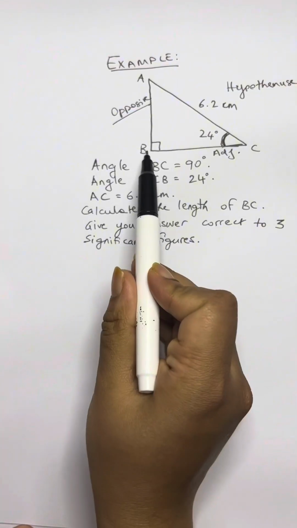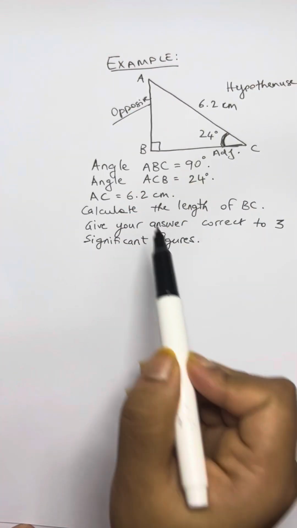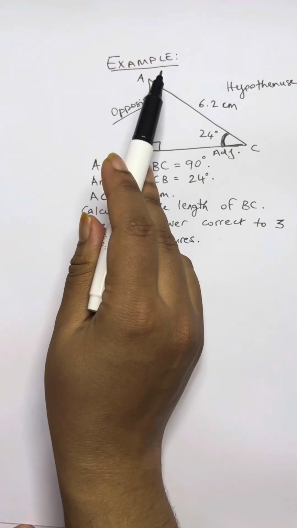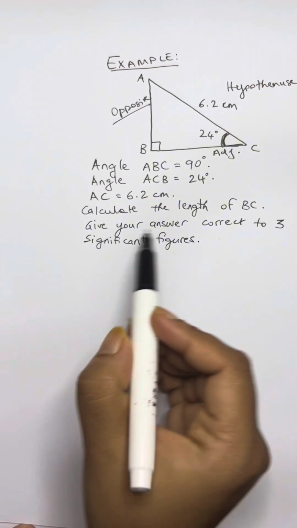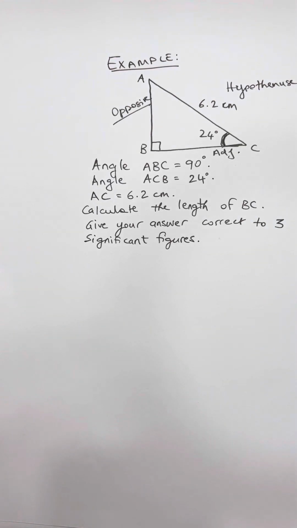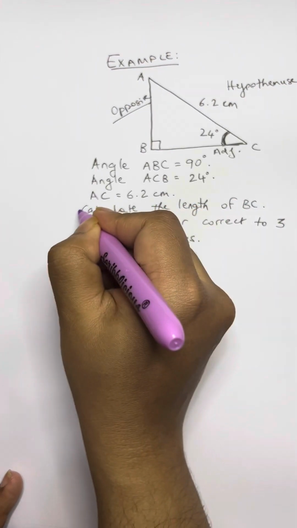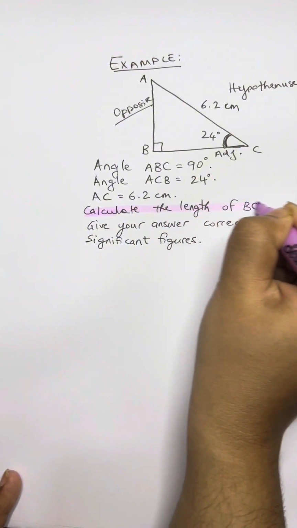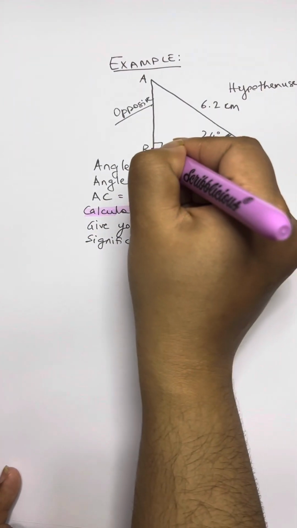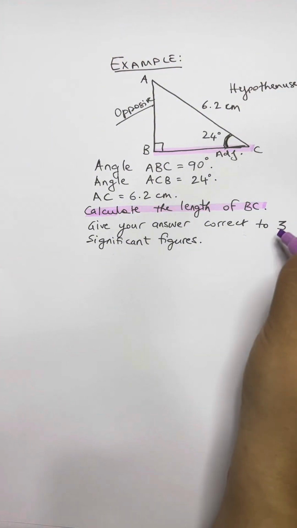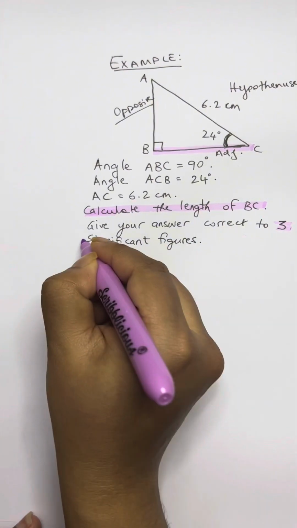Angle ABC is 90 degrees. Angle ACB is 24. AC is 6.2 centimeters. We need to calculate the length of BC, of this length here, and we need to give our answer to 3 significant figures.